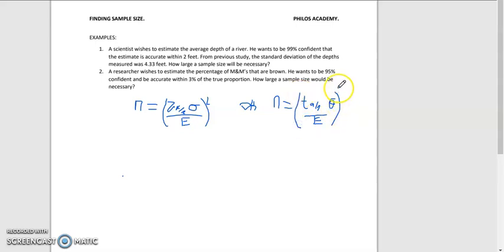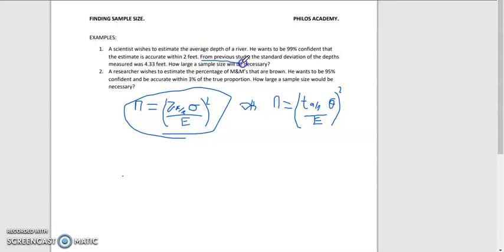Now, we are to use either of these two for question 1. But which should we use? For question 1, we are going to use the Z one. The reason is, the standard deviation you are given is not a sample standard deviation, it's a population standard deviation. It says from a previous study, which shows that this standard deviation is not coming from the sample you've taken.